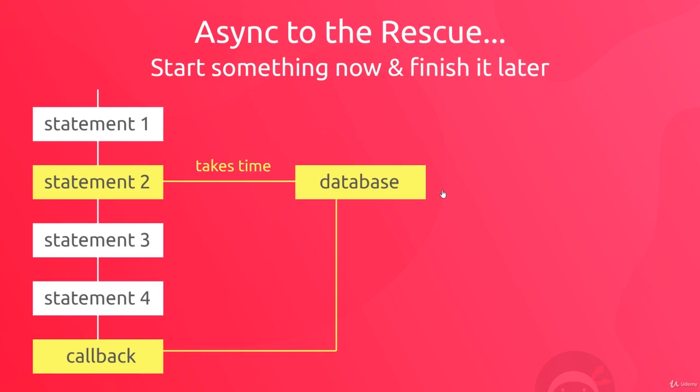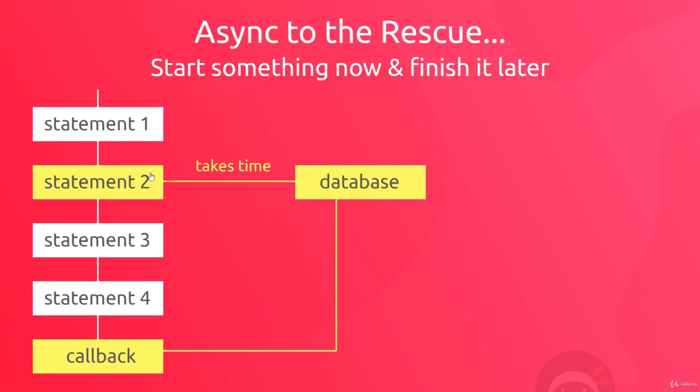So remember the definition I first gave you of asynchronous code: to start something now and finish it later. This is the pattern we generally want to follow when running tasks that take some time to do, like network requests for data to a database or an API. So imagine we have the same kind of sequence of function calls or statements, only this time, instead of this being some kind of synchronous function to request data, we use an asynchronous function instead.